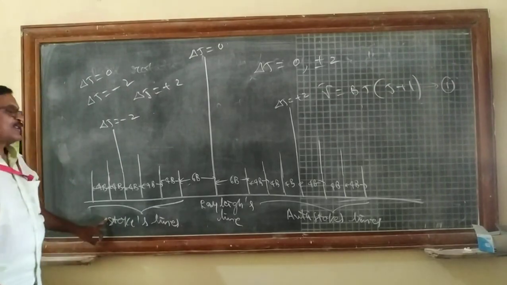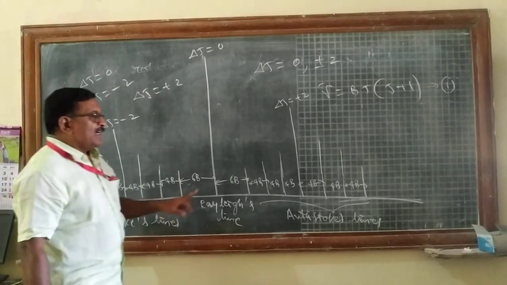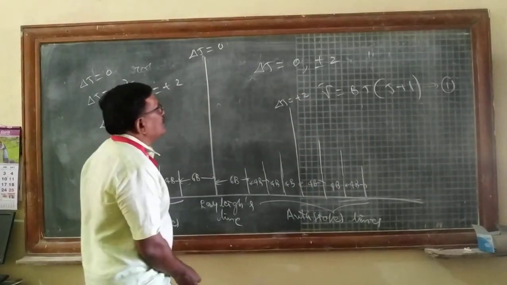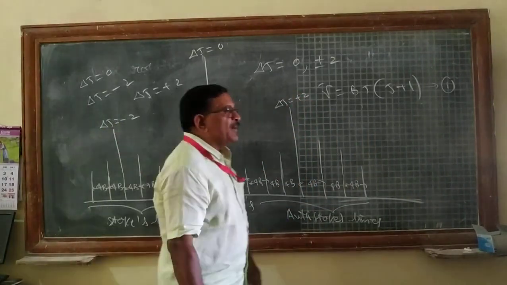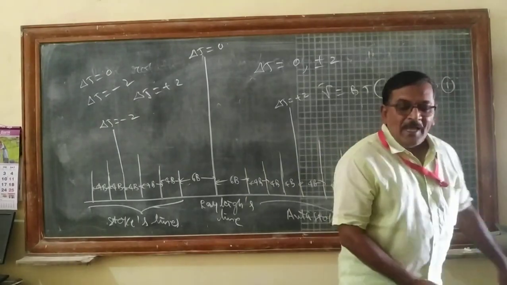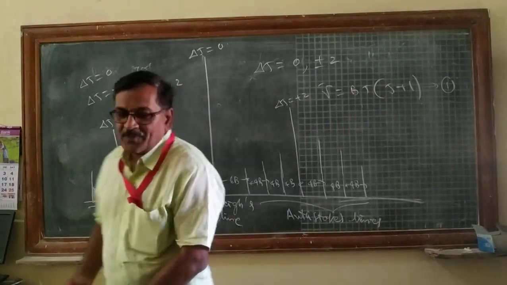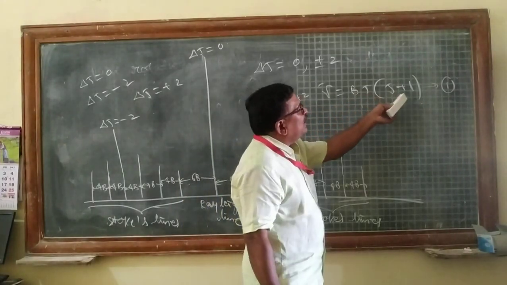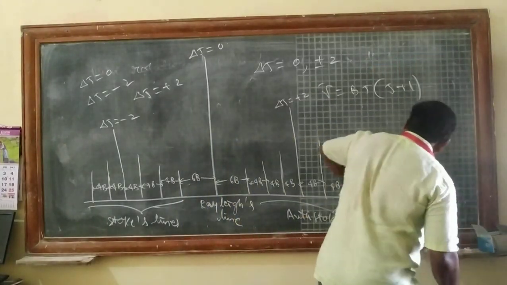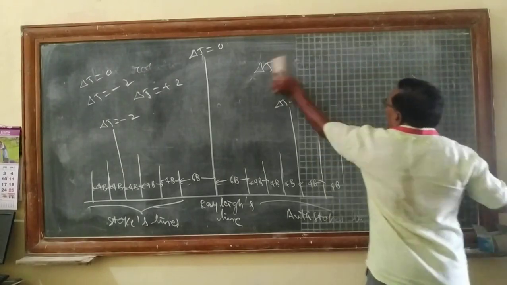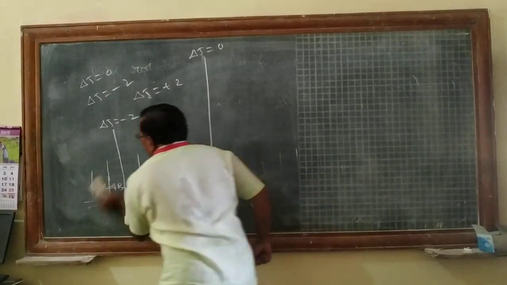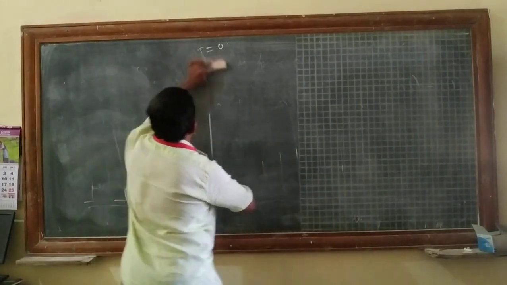Delta J is equal to minus 2 gives the Stokes lines, and delta J is equal to plus 2 gives the anti-Stokes lines. So for diatomic molecules, the selection rule is delta J is equal to 0, plus or minus 2. Now, for the equation nu bar is equal to B J into J plus 1, we shall write the equation for the Stokes lines, the anti-Stokes lines, and the Rayleigh lines.